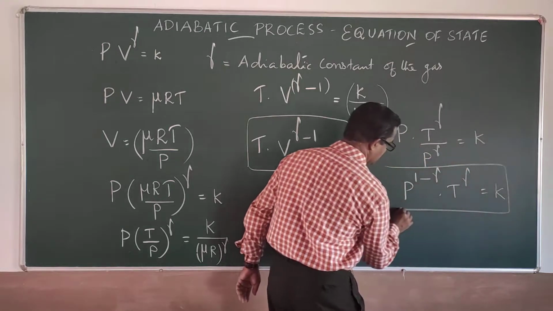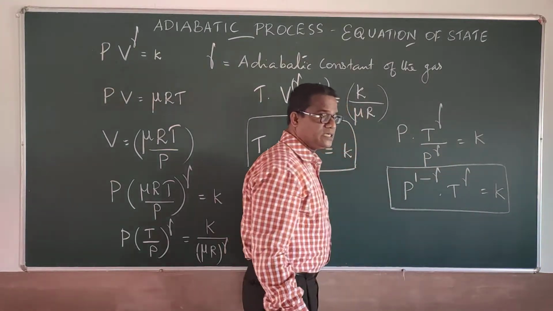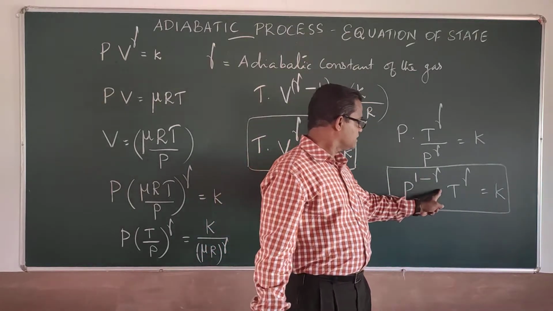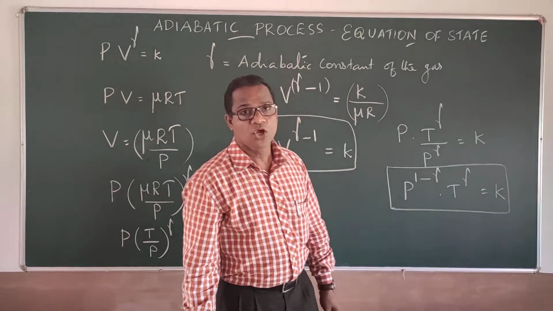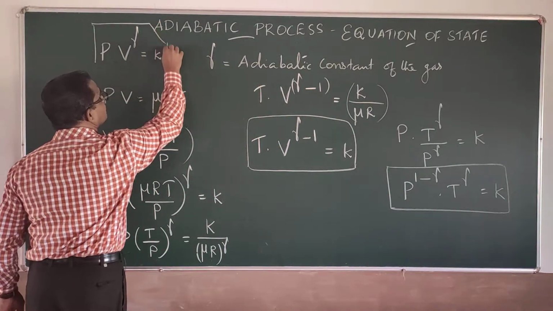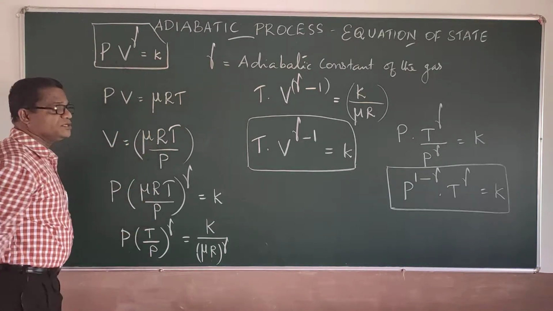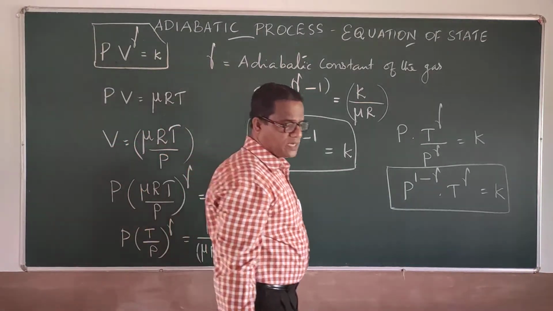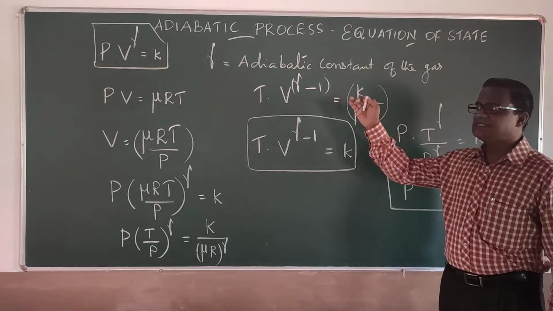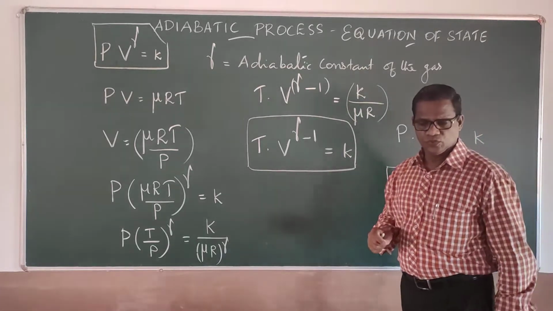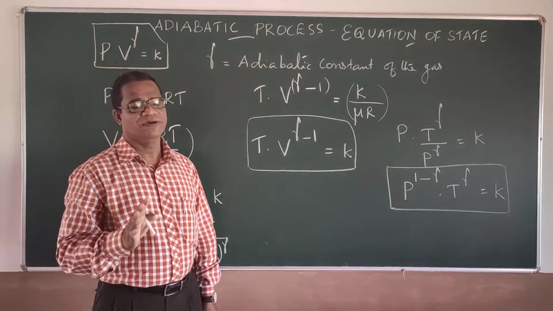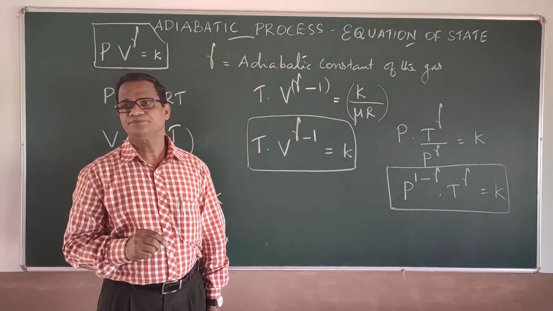So I am getting a third equation, which is in terms of pressure and temperature, P raised to 1 minus gamma, T raised to gamma is a constant. So we have got three equations of state for adiabatic process. So depending upon the nature of the variations, which all quantities are involved, accordingly you choose the equation of state and finding the values.